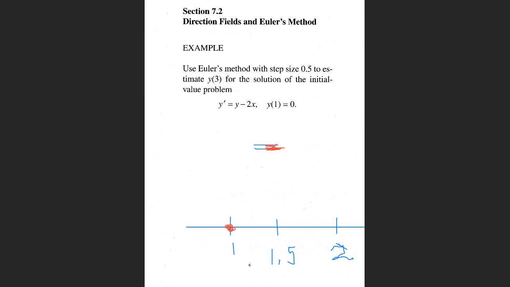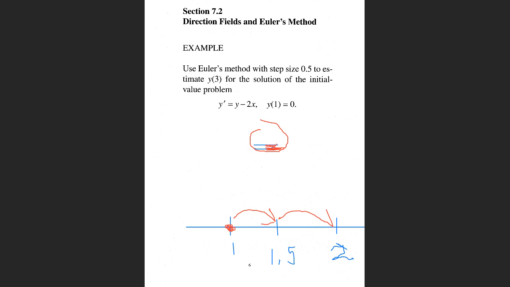If we use a step size of 1/2, how many iterations are we going to need to do to estimate y of 3? That's right, Renaud. Very good, 4. Here's the first step.